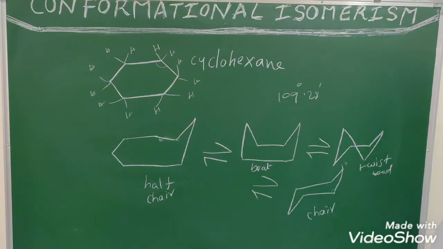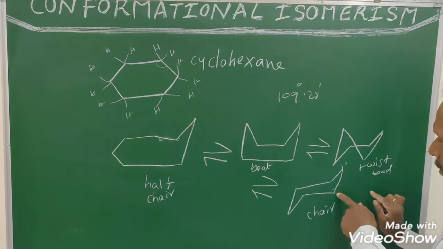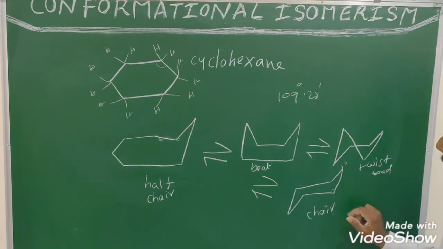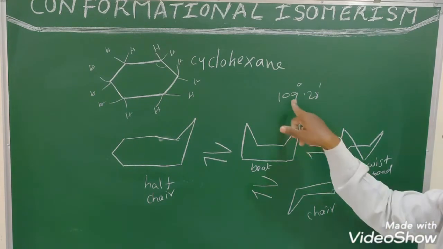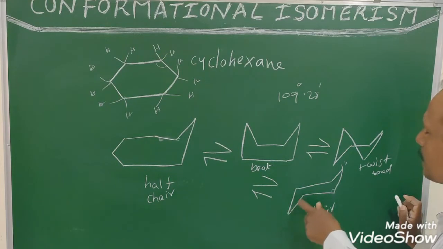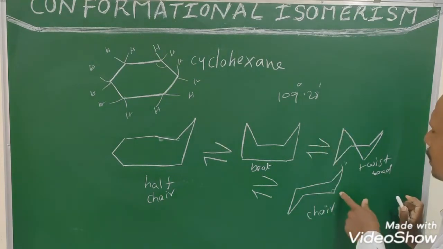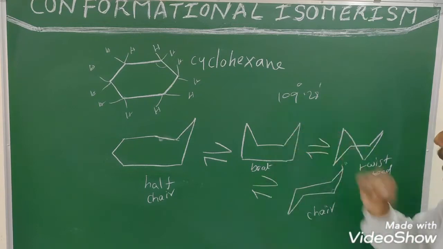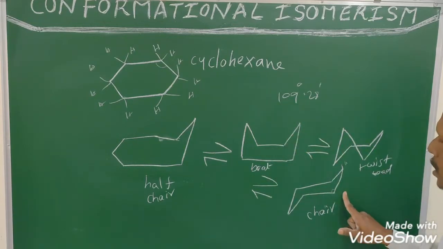Chair is more stable because in this conformation there are minimum repulsions among H atoms of different carbons, and the bond angle is nearly equal to the ideal bond angle for sp3 hybridized carbon atoms. So this is the more stable conformation.